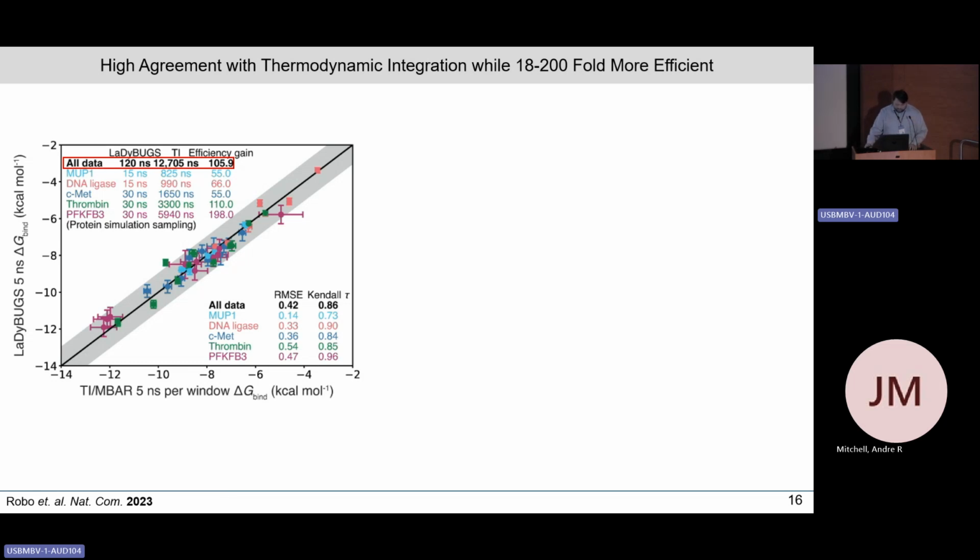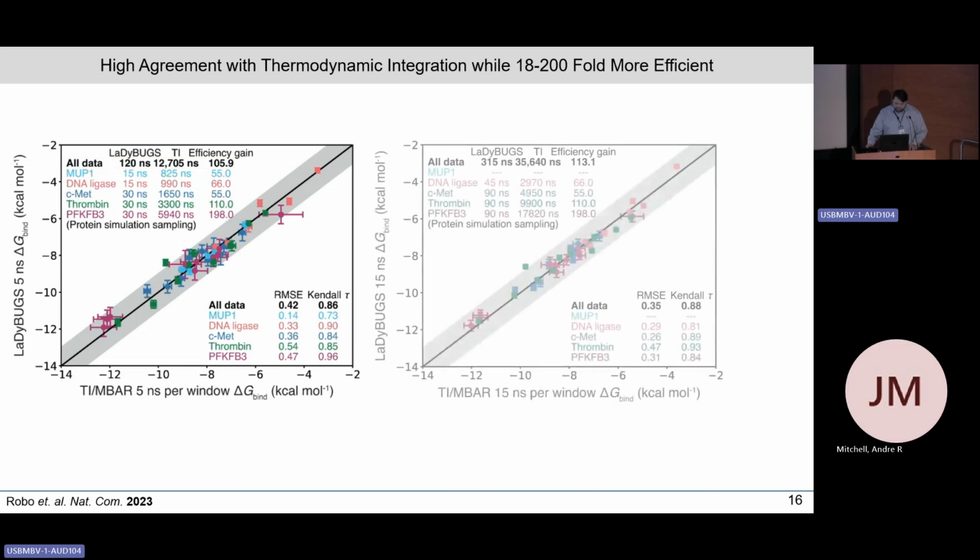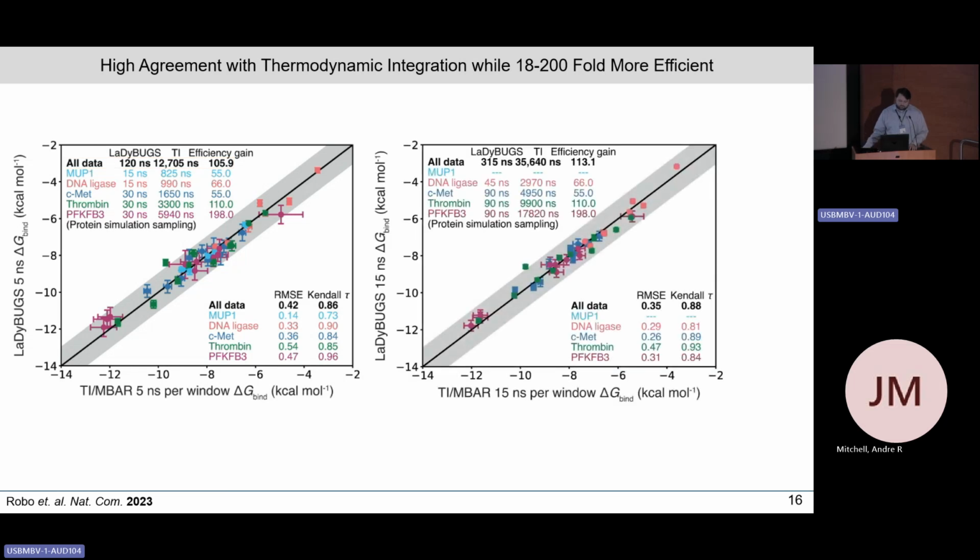And then the other thing we wanted to test was, if we ran our TI for longer, how well would that compare to our LaDyBUGS data. So now we're doing 15 nanosecond lambda windows for TI and 15 nanoseconds total for LaDyBUGS. And again, the RMSE does go down, it's now 0.35, and our Kendall tau goes up a little bit.